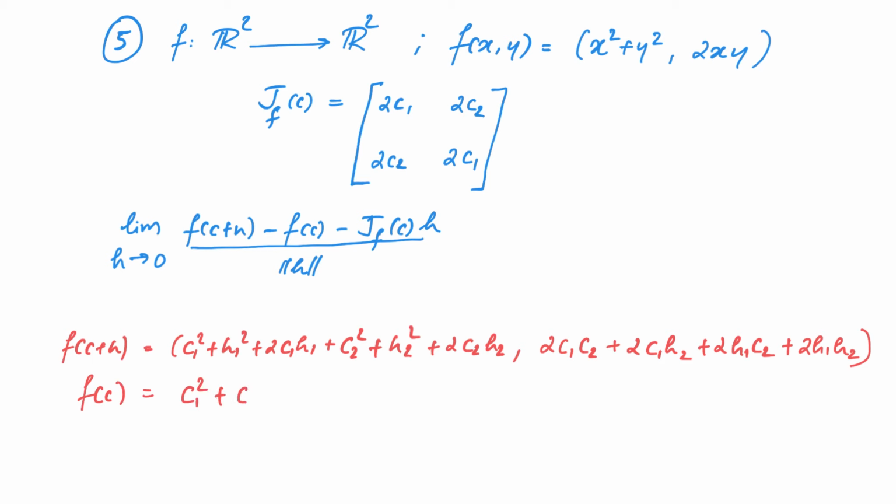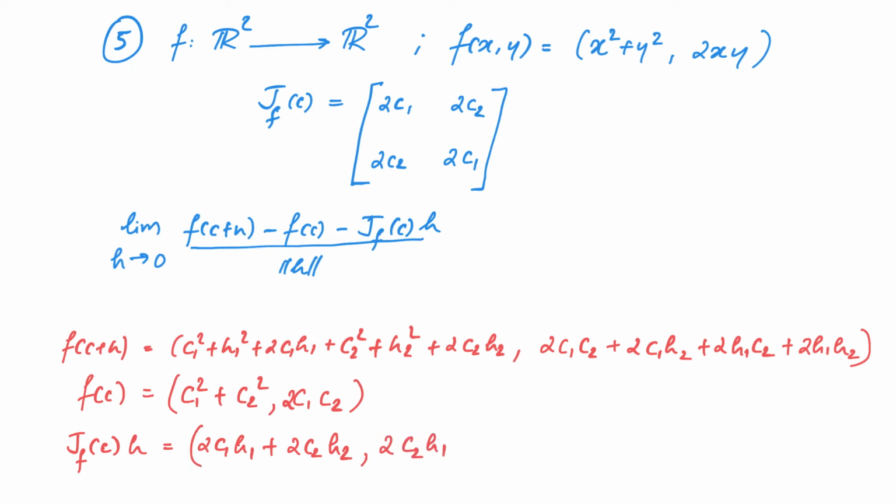Similarly, f(c) is equal to (c1^2 + c2^2, 2c1c2). And finally, the Jacobian of f at the point c acting on h will give us (2c1h1 + 2c2h2, 2c2h1 + 2c1h2).